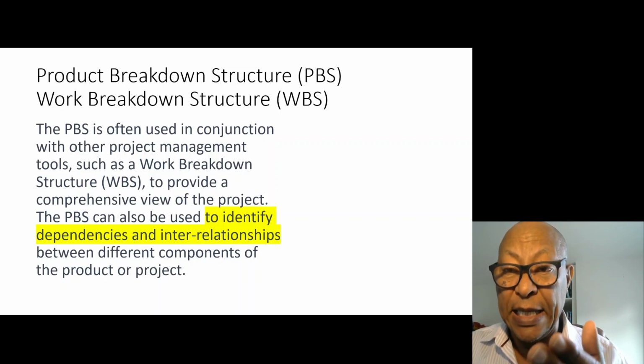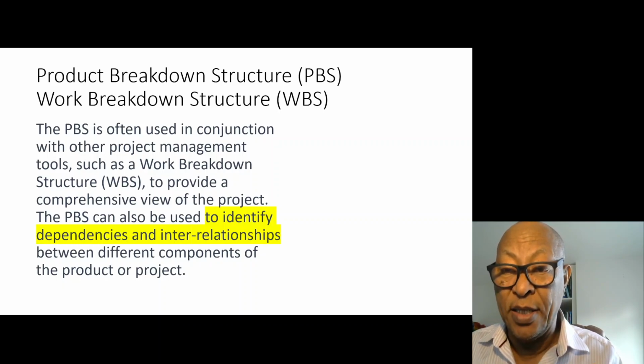At the same time we identify the dependencies. For example, should P2 be produced before P1 in the last example, or does P5 require the completion of P1 and P2? That's what we're talking about with dependencies.